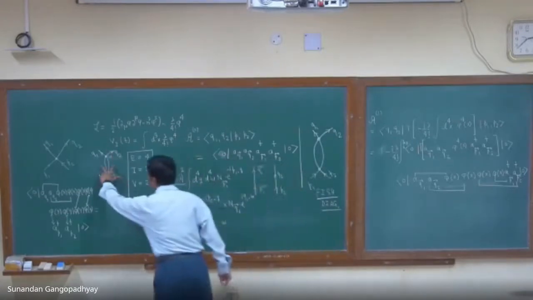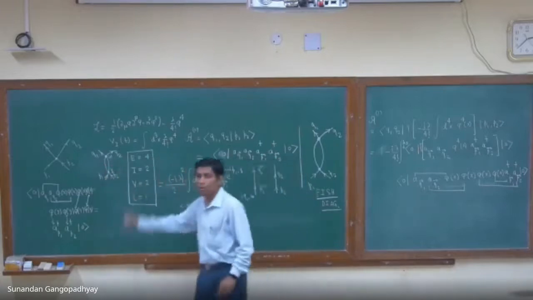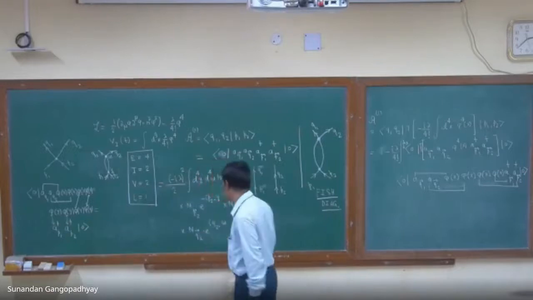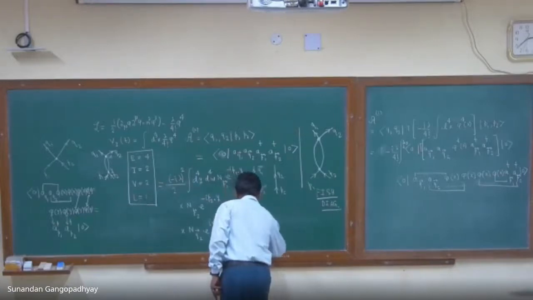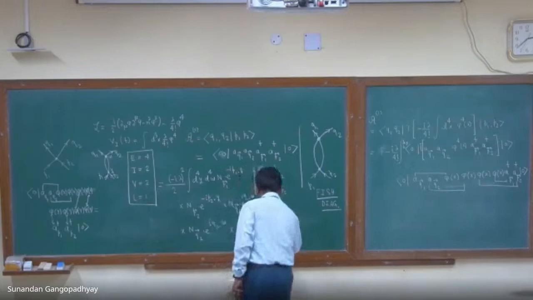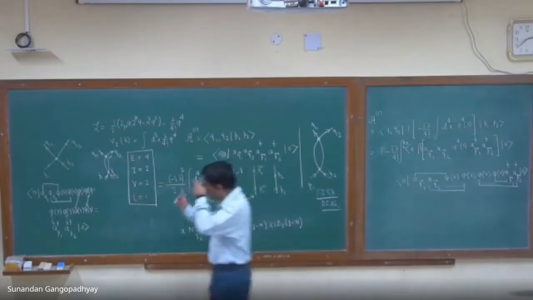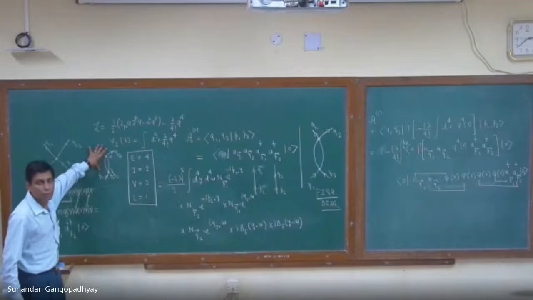Now you have to concentrate on the propagators. So there are two propagators. For each propagator, you have a factor of i delta_F(y minus w). So that gives us i delta_F(y minus w) and another i delta_F(y minus w). So this is the full mathematical expression corresponding to this fish diagram.